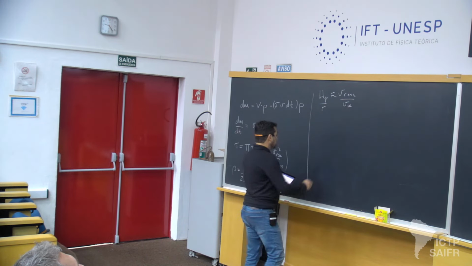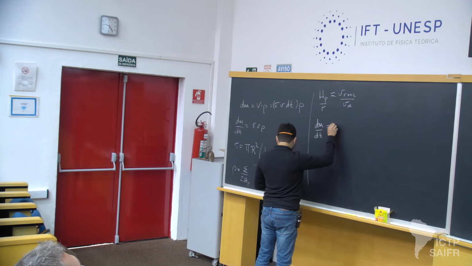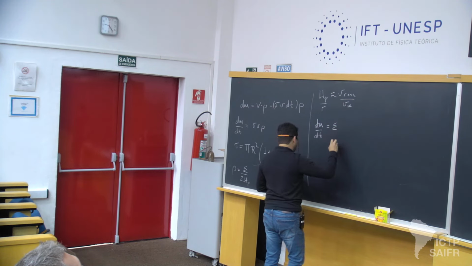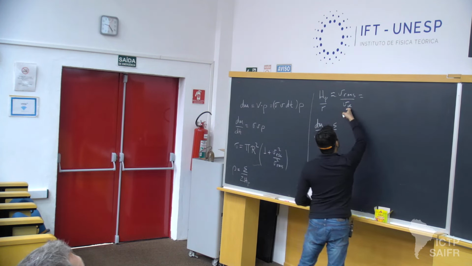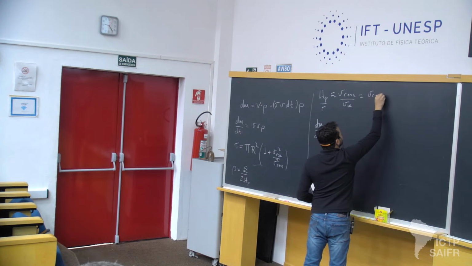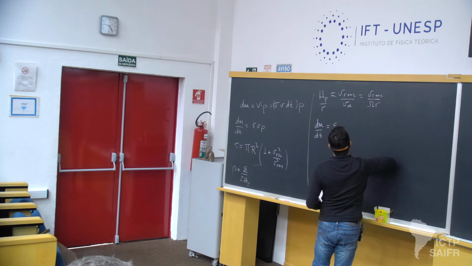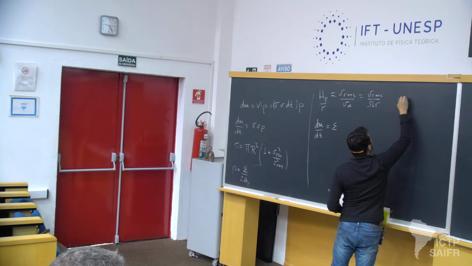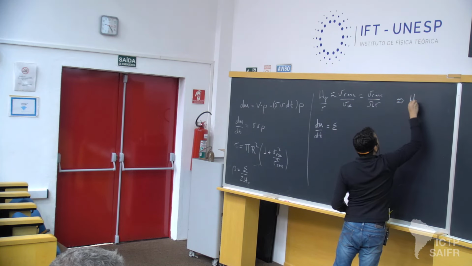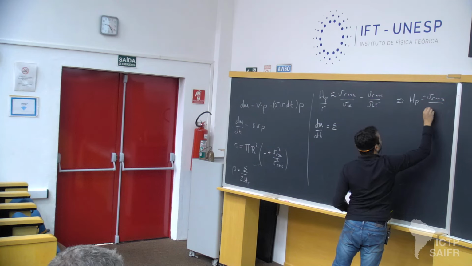If you plug this in, then you find that dM/dt, the accretion rate, is given by the column density of planetesimals. Here you can write Vk as omega times r, then you can cancel the r from both sides, and the scale height of the planetesimals H_p is given by Vrms over omega.